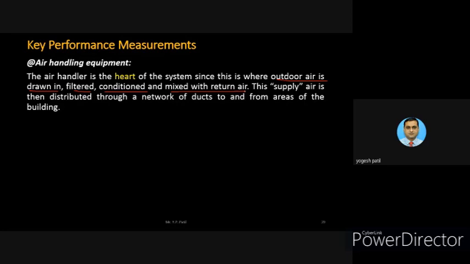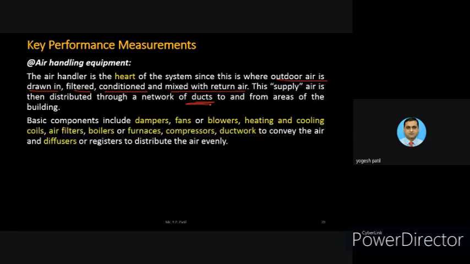The return air from the different zones and rooms also has to be considered. This supply air is then distributed through a network of ducts to the various areas of the building. So this is air handling equipment.